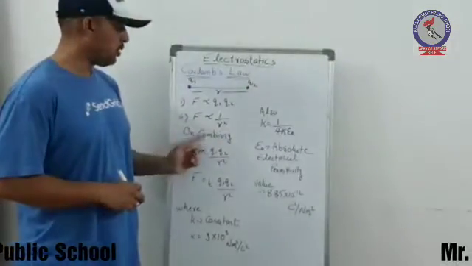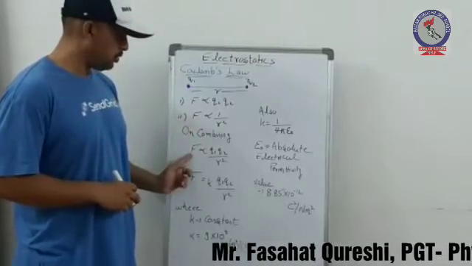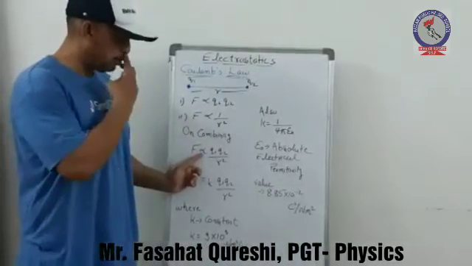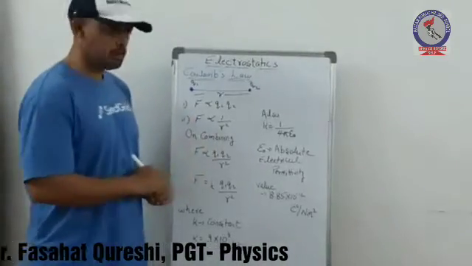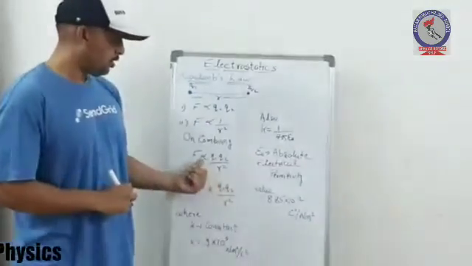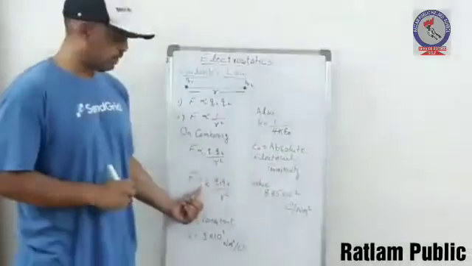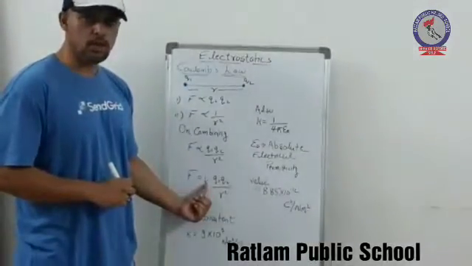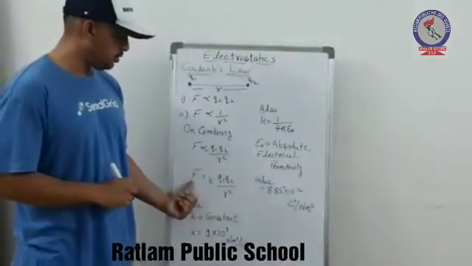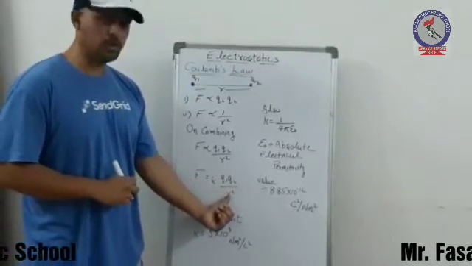Now, on combining both equation 1 and equation 2, we observe that the force is proportional to the product of the two charges and inversely proportional to the square of the distance. Converting proportionality into equality, we add a constant k. So the expression becomes F equals k Q1 Q2 by r square.